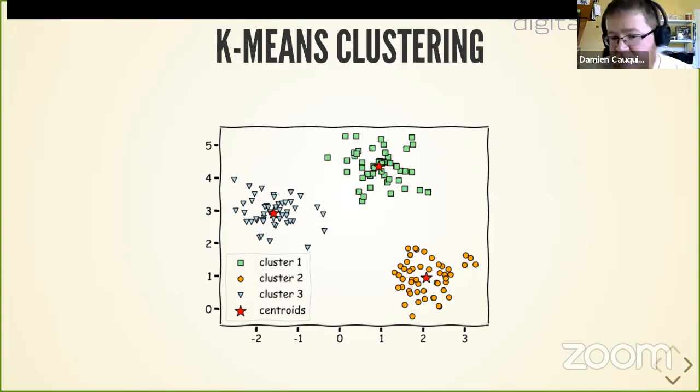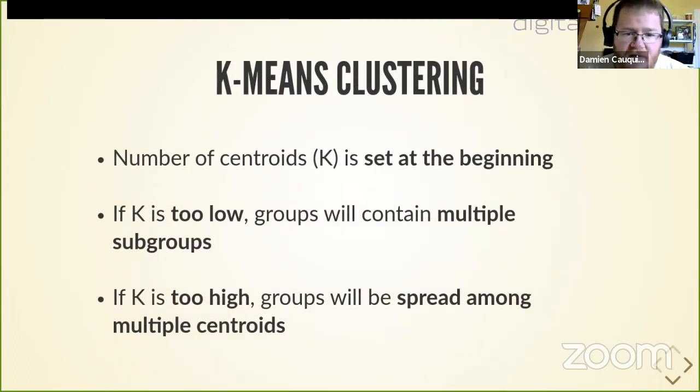So the result is that we get some groups of items, but we have no clue what these items are, just that they are in a way similar, or there exists a link between them. And this algorithm is quite interesting because it's based on a number of centroids, which is set at the beginning. So you need to know how many groups you're expecting in order to get valuable results out of it.